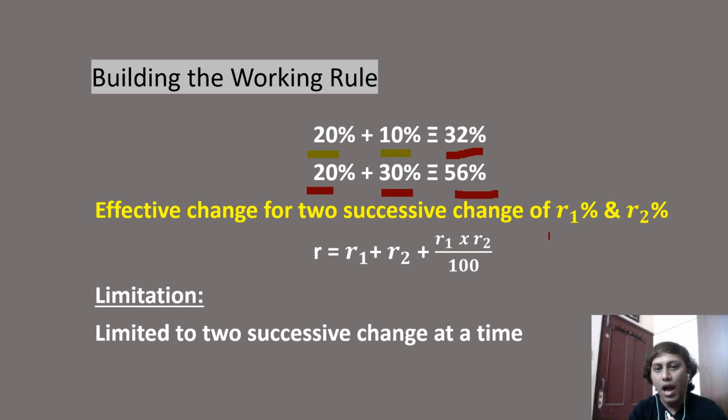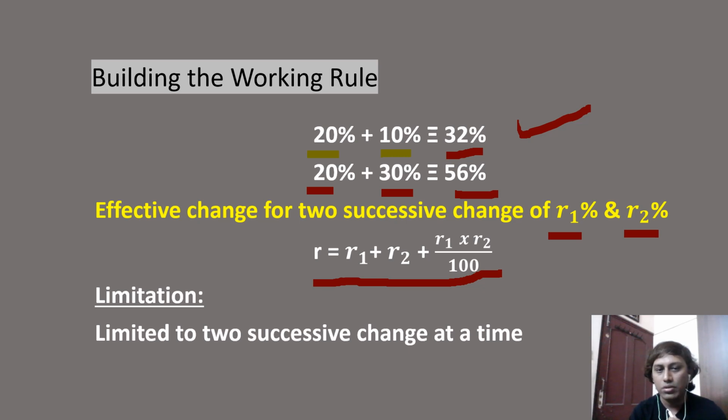Successive change of R1% and R2% would be equal to R equals R1 plus R2 plus R1 into R2 by 100. That is how we should calculate. Just check our first example. It must be 20 plus 10 plus 20 into 10 by 100.